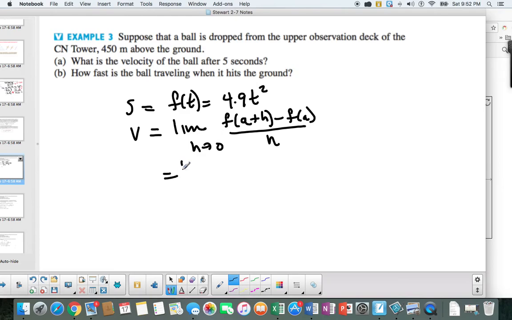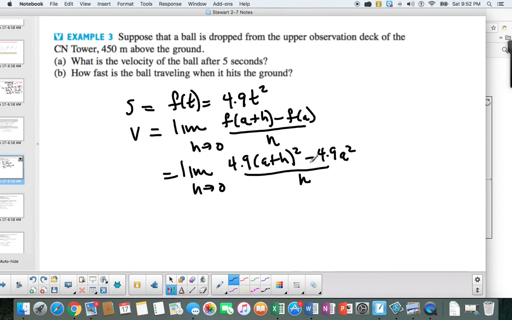And what we're going to do is take the limit as h approaches 0, and I'm going to put a plus h in the formula, squared, minus a squared, all over h. And I'm going to go through the process of finding the velocity, and this will be the velocity at a.